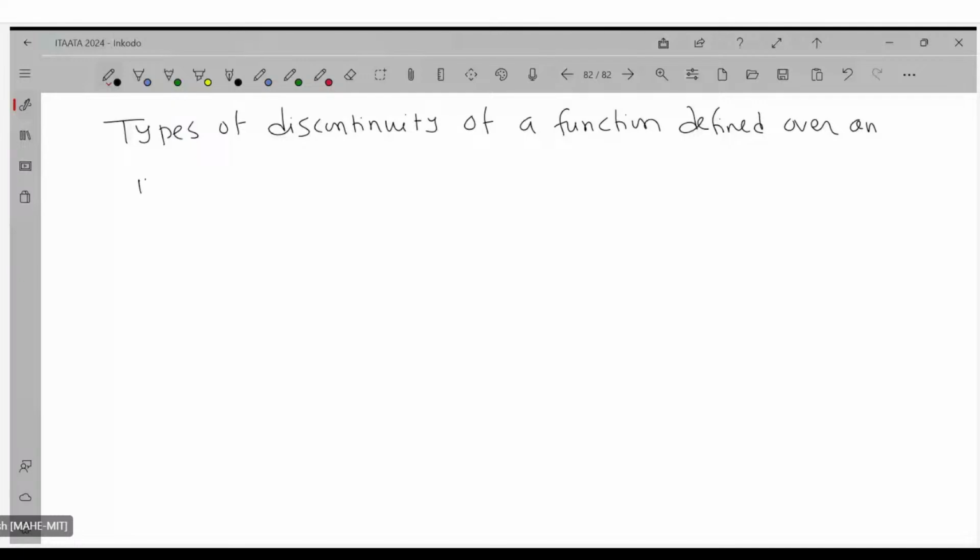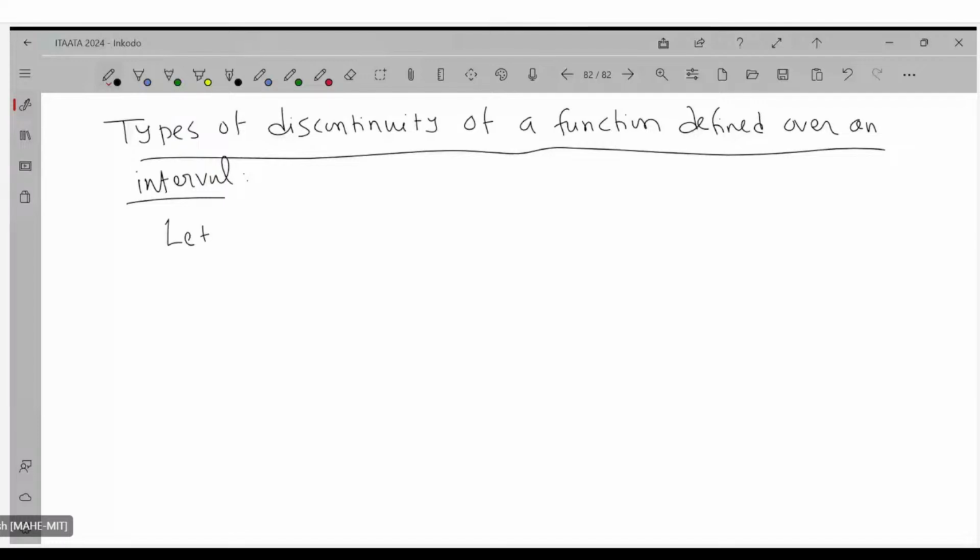Okay. So let's say we have an interval. The interval might be, you know, the open interval a b, closed interval a b, a to infinity, minus infinity to a. So all possibilities. Okay. So there are different possibilities.